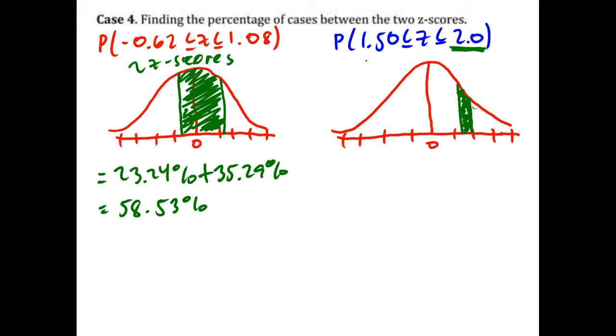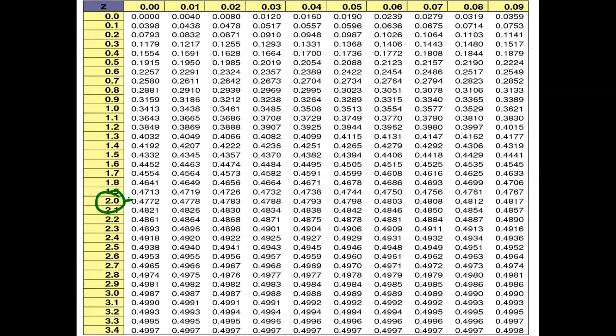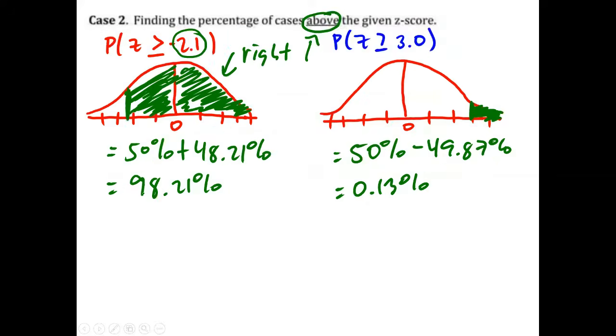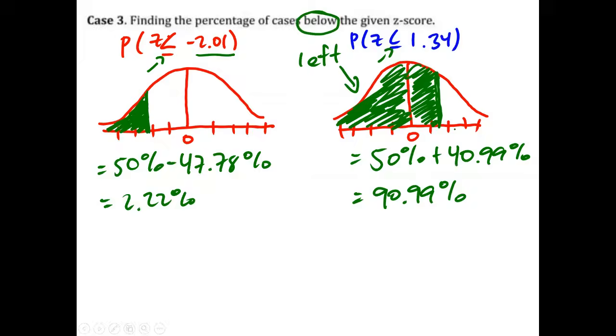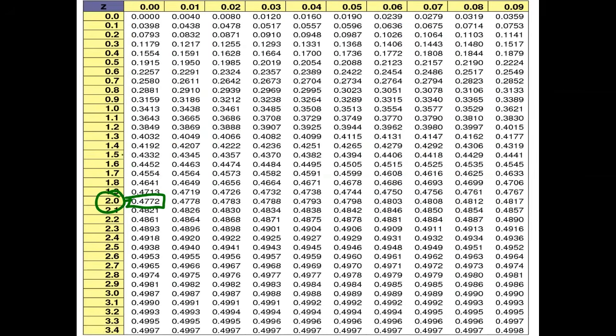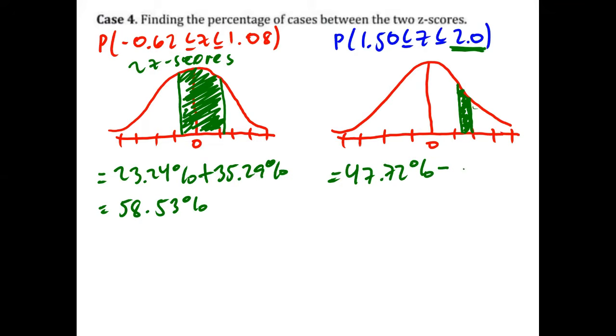So 2.0 is the same as the percentage of 2.0. We have, let me erase this, 2.0 to 0, 47.72. So this is 47.72% minus 1.50. 1.50, 43.32. 43.32 minus 43.32%.